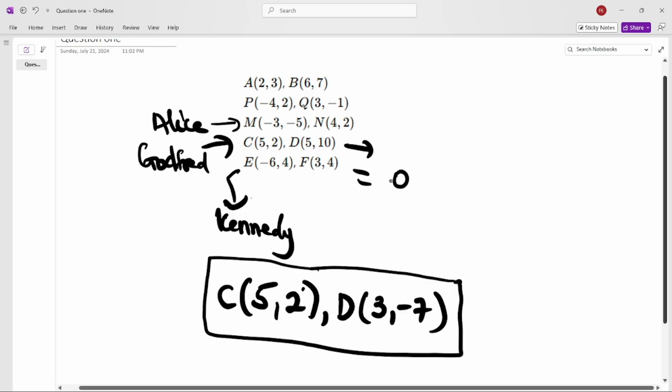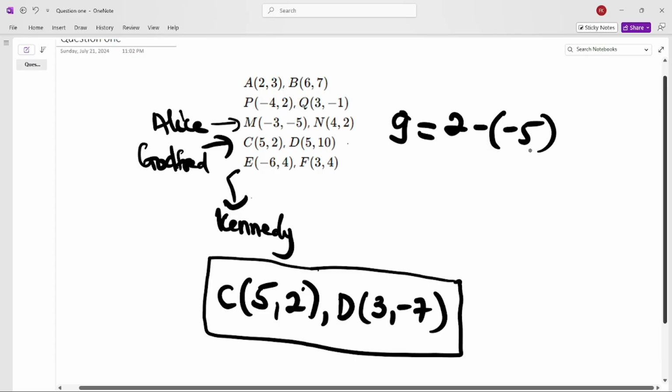Alice, are you done? Yes, please. What do you have? I got the same answer. Okay, let's solve it together. First, change in y. I'll take the y from here: 2 minus the y from there, which is negative 5.